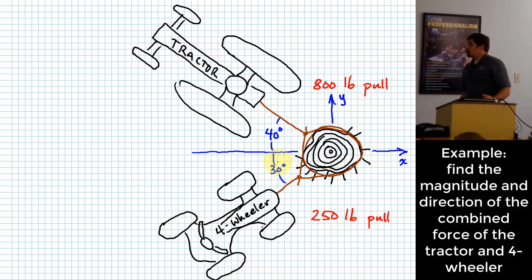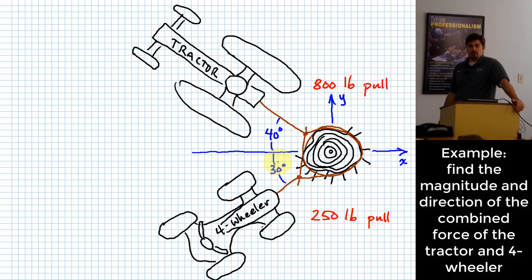Now, in real life, you'd have to have a way to measure those so that you would know what they were. We'll ignore that part for right now. We'll just say we know that somehow.